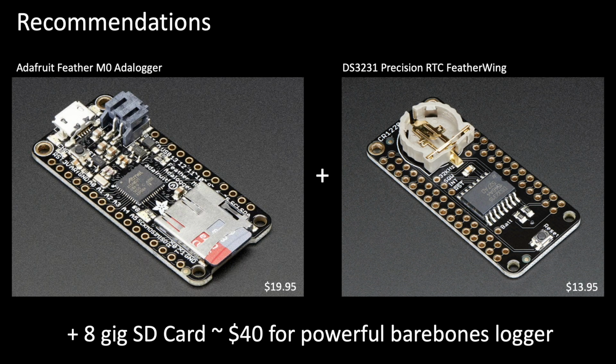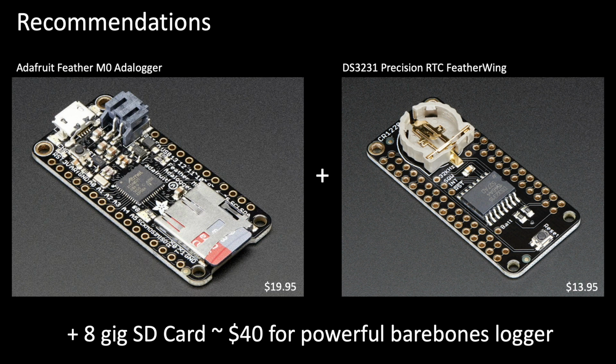So if I had to do all this all over again from scratch, and I had to pick a data logger and an RTC that would give me the best, most user-friendly and accurate results, I'd definitely go with the Adafruit M0 Adalogger coupled with a DS3231 Precision RTC Featherwing.